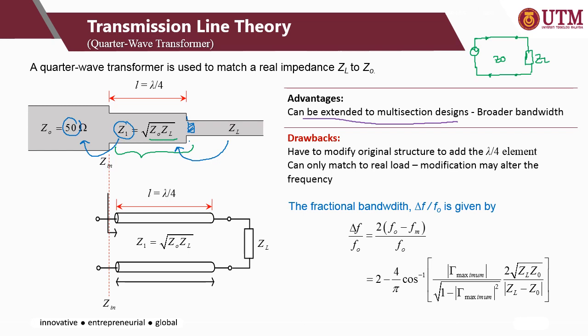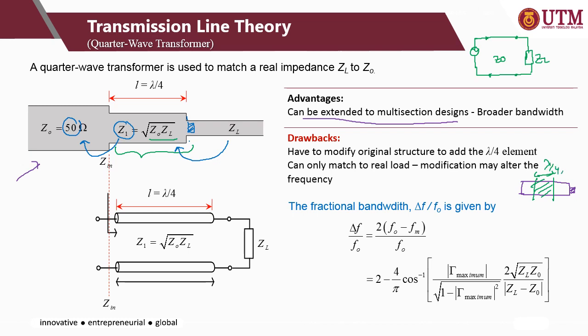This figure shows the single section transformer, in which only one lambda over 4 element is included in the design. However, the drawback of the quarter wave transformer technique is that you need to cut the original structure. For example, you have a transmission line and a load, and if you want to include the lambda over 4 element, you need to cut the original structure and add the lambda over 4 element in between.